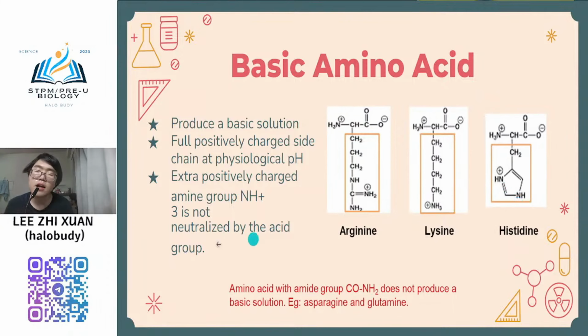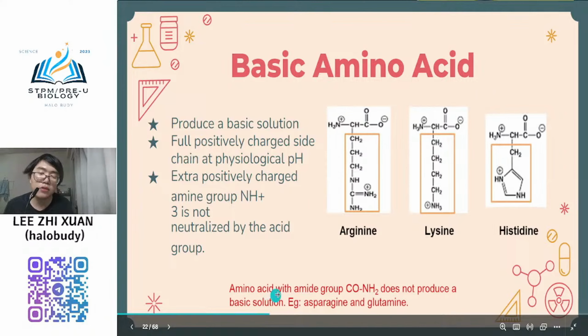All these provide basic amino acids, meaning that when they are immersed in water at neutral pH, they need to accept hydrogen ions. When they accept hydrogen ions, they will produce a basic solution.